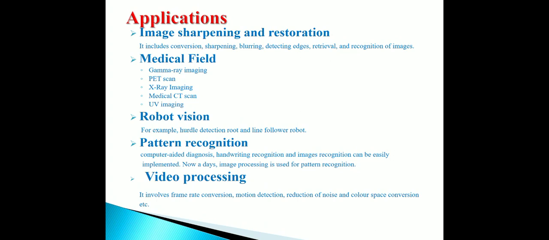Especially in the medical field: gamma ray imaging, PET scan, X-ray imaging, medical CT scan, ultraviolet imaging, and robot vision, like hurdle detection and line follower robots. Pattern recognition, computer aided diagnosis, handwriting recognition and image recognition can be easily implemented. Also in video processing, it involves frame rate conversion, motion detection, noise reduction and color space conversion. Like that, we can list out a lot of applications.